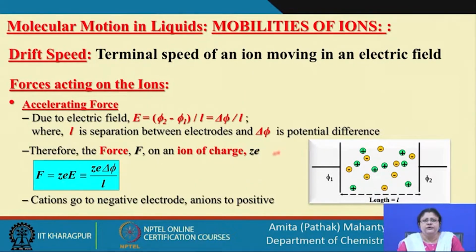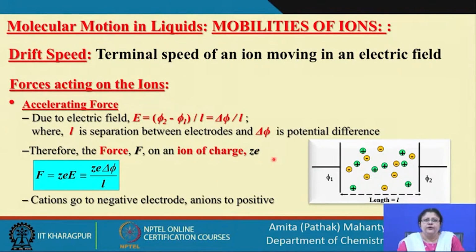So, Ze is the total charge associated with a particular type of ion. If that is multiplied by the electric field which exists when we have a circuit completed, the electric field multiplied by the total charge Ze will give you the force that is exerted on the particle.